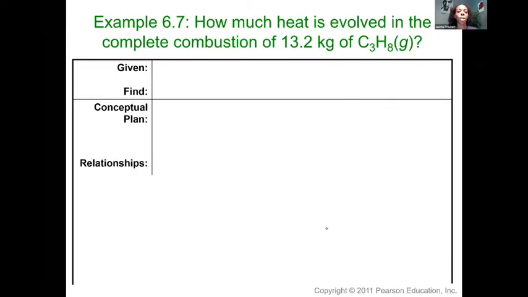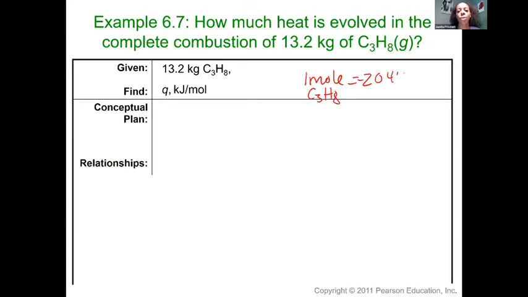All right, so let's try solving a problem. It says, how much heat is evolved in the complete combustion of 13.2 kilograms of C3H8? And so on the previous slide, we saw that that enthalpy value was 1 mole of C3H8 is to negative 2044 kilojoules of heat.